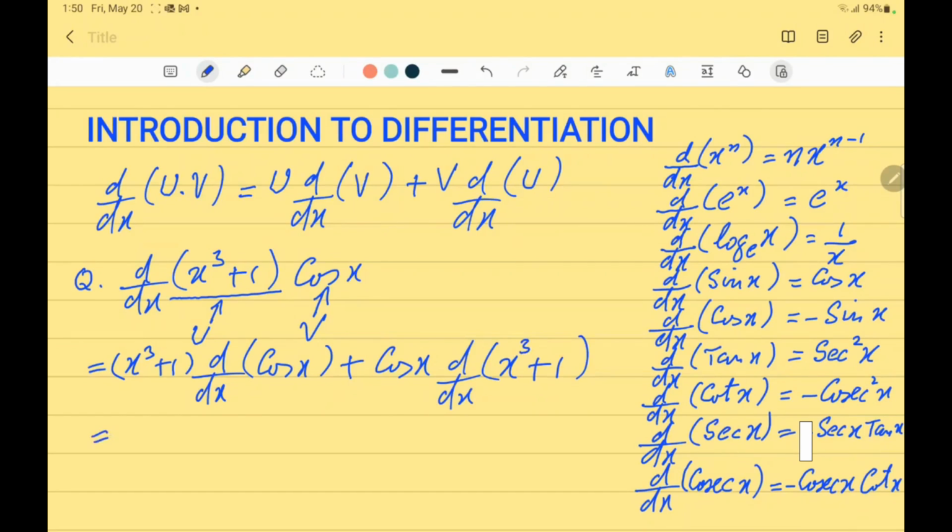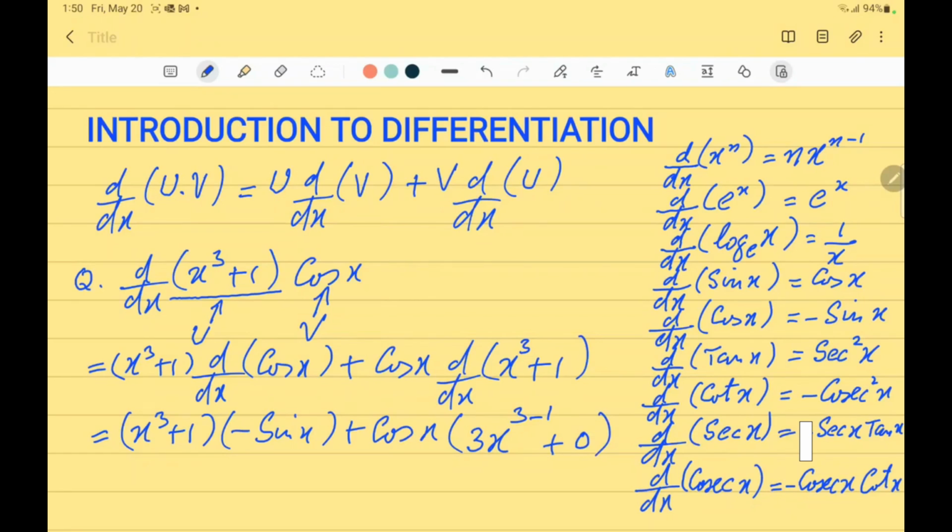Let us further simplify it. So x cube plus 1, the differential of cos x is minus sin x, plus cos x, the differential of x cube is, we have to bring down 3 and then subtract 1 from the power, which will become 2 when we subtract from 3, and plus the differential of 1 will be 0 as it is a constant.